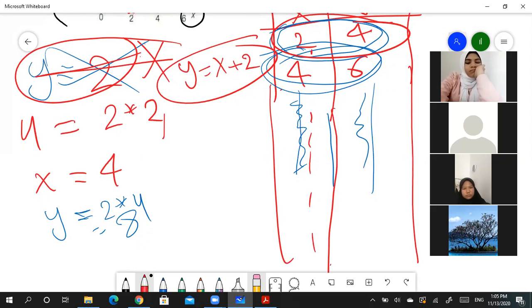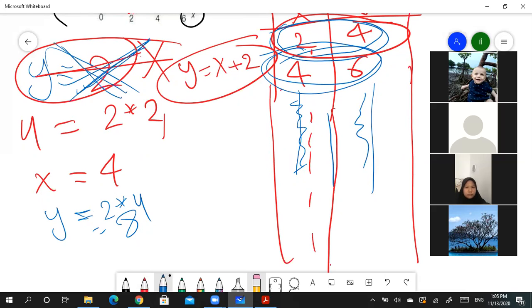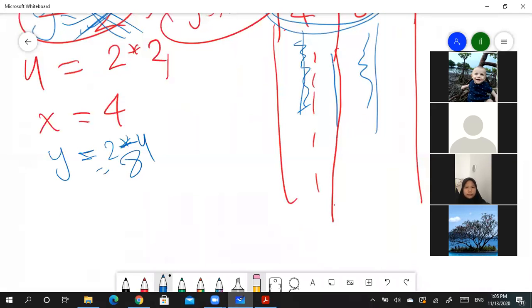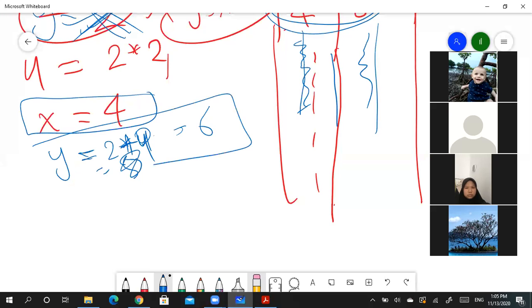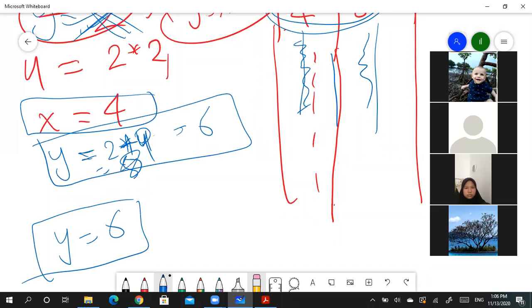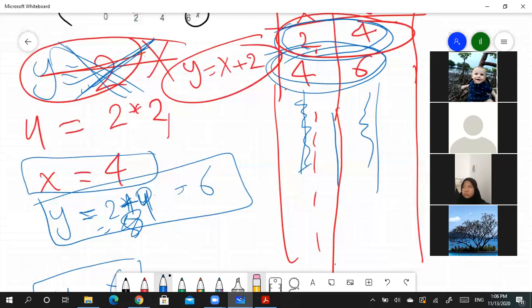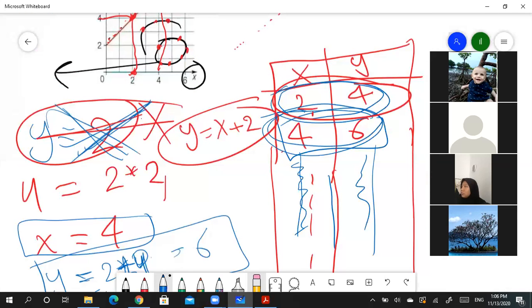Otherwise, you might get a wrong function, like what we have done before. Now x plus 2: 2 plus 4 equals 6. So when x was 4, y was 6. So this is a point on the line.